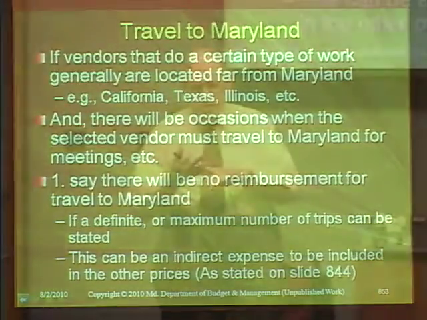If most of the vendors that you deal with are located far away, and you know that they're going to be coming to Maryland at various times to attend meetings or do certain things, number one, they know where Maryland is. All they have to do is look on the map. Number two, they know where they are. So they can quote a price for each trip to come to Maryland. So if they're in California, they can quote a price of $1,000 per person per trip.